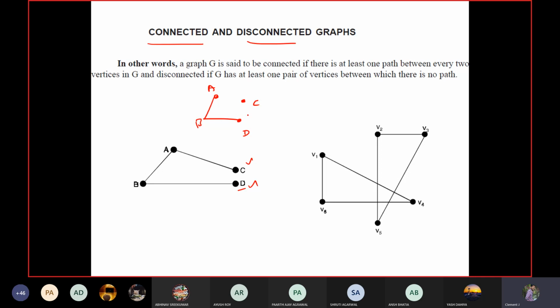Because I could not travel from C to any other vertex, this is a disconnected graph. This is a connected graph.